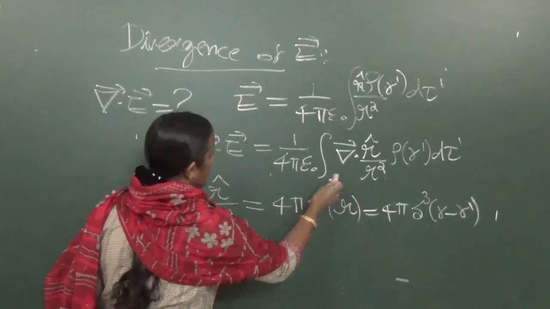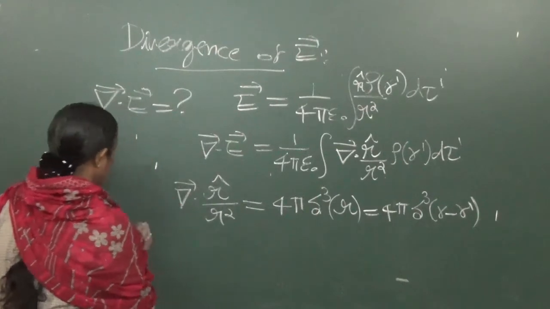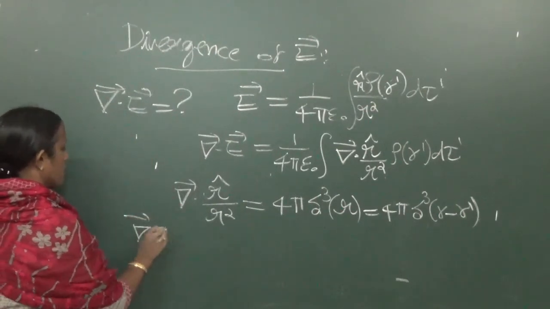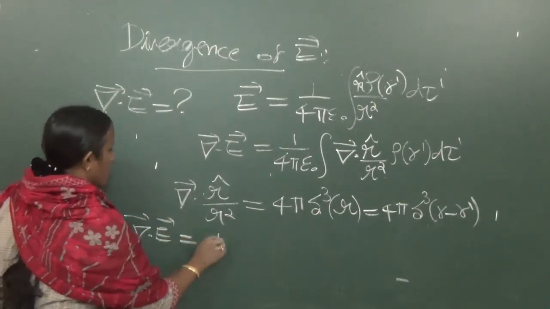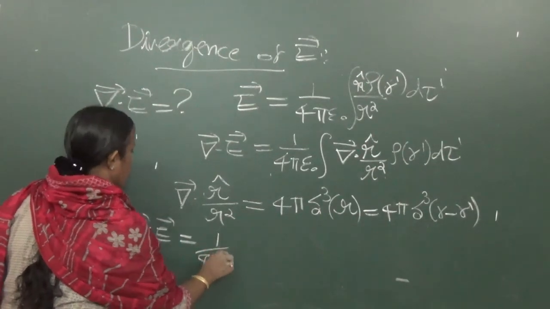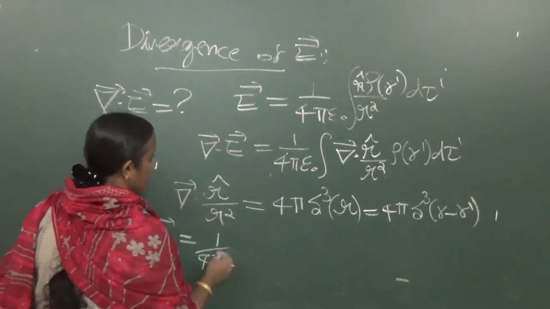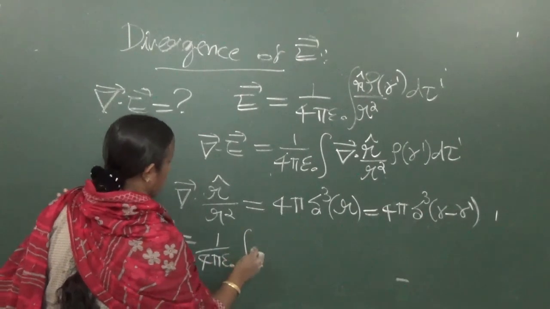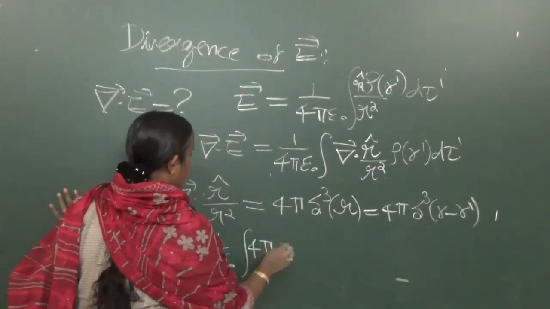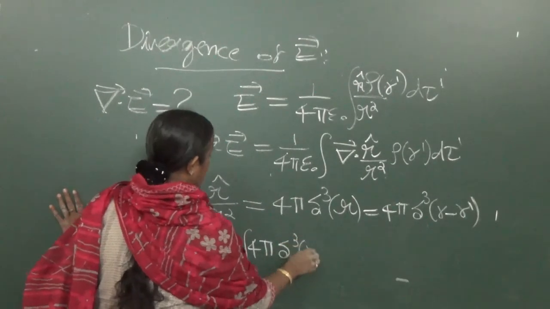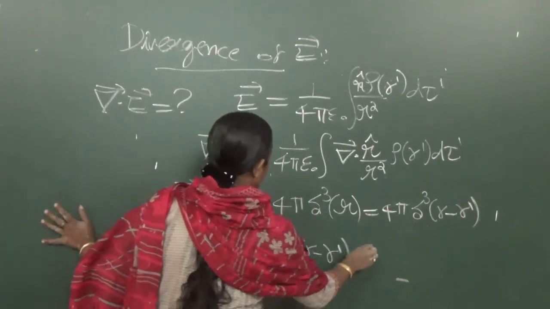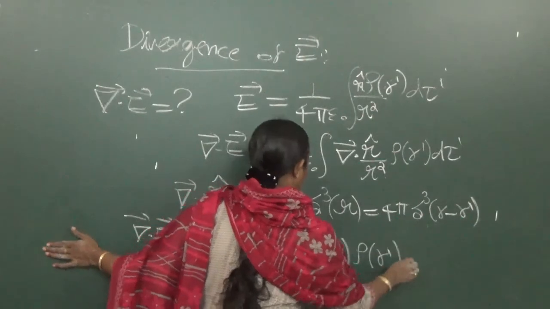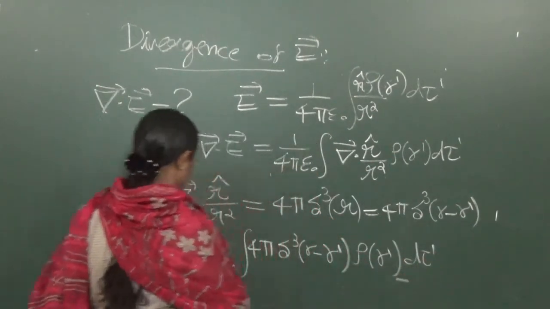You substitute it here and you get that del dot E equal to 1 by 4 pi epsilon 0 integral 4 pi del cube R minus R prime rho R prime d tau prime.